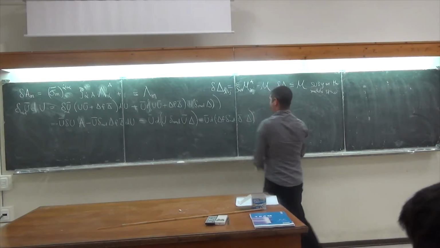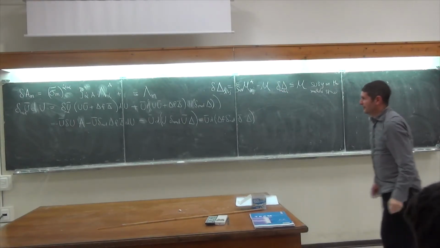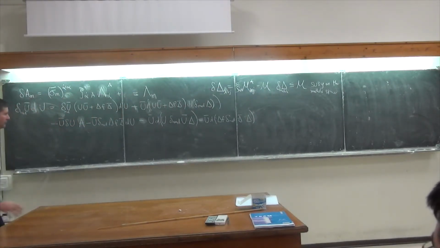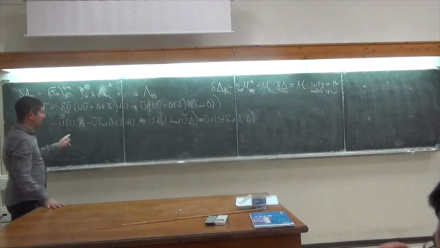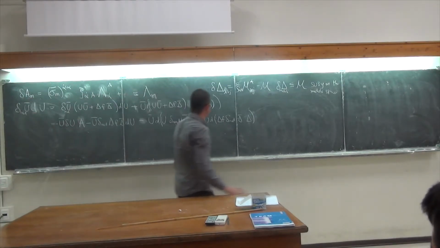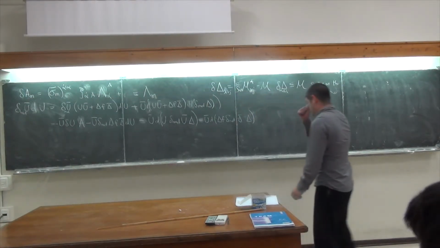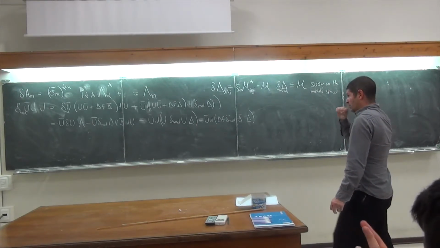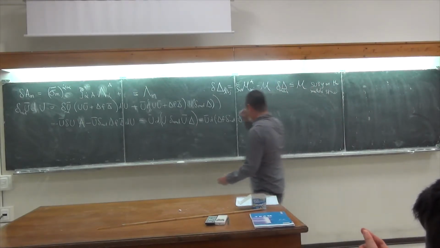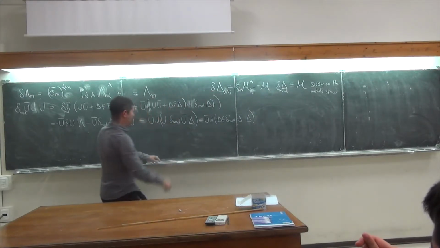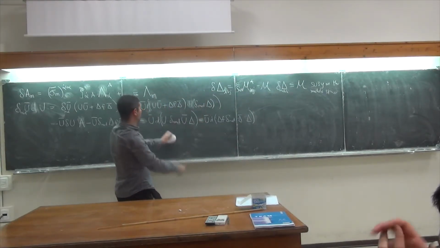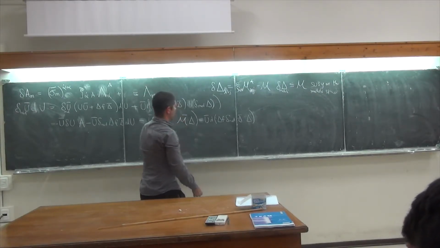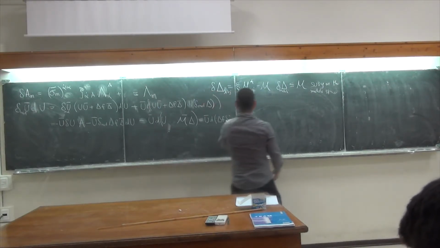Okay? I have numbers. Delta of the moduli, we say that was M. Every time I put δ M, this is M bar.